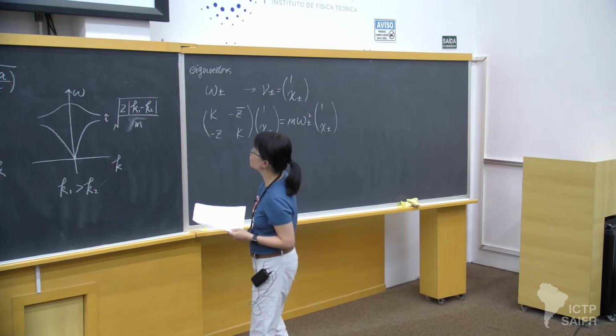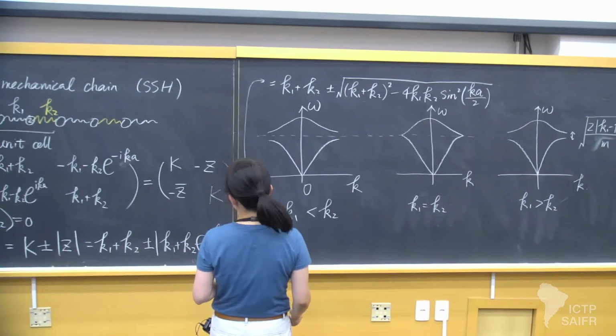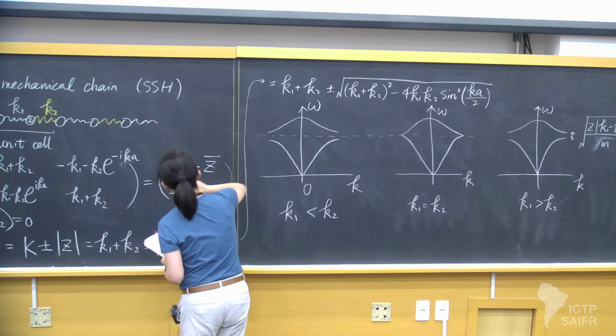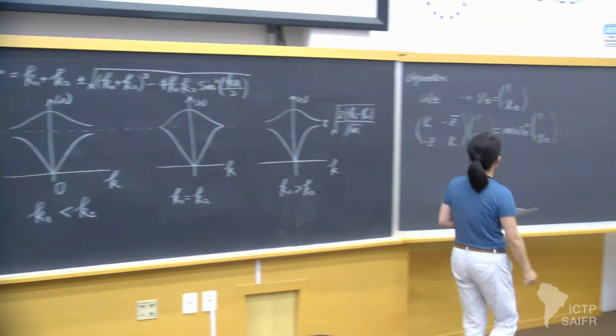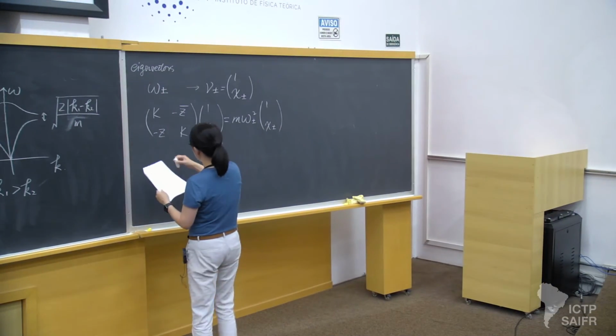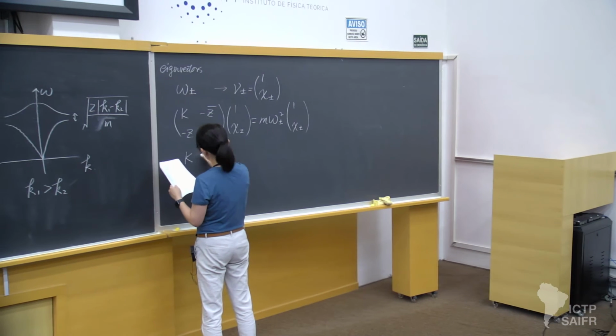I think I missed some sign here. This is Z bar, this is Z. It doesn't matter, I just need to make the convention right, okay? And then I can just take the first line of this matrix equation.